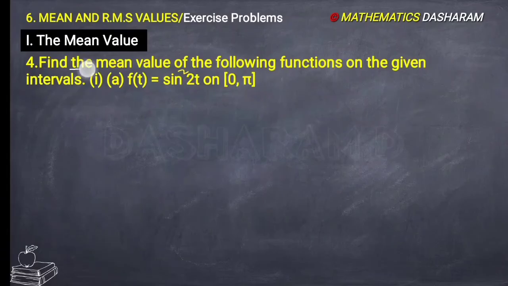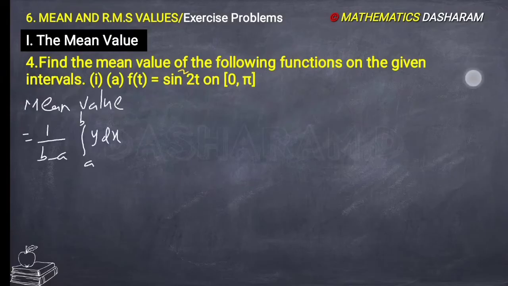Fourth question, find the mean value of the following functions on the given intervals. f(t) equals sin squared 2t on the closed interval 0 to pi. So here the mean value formula is 1 by (b minus a) multiplied by the integration a to b of y dx.